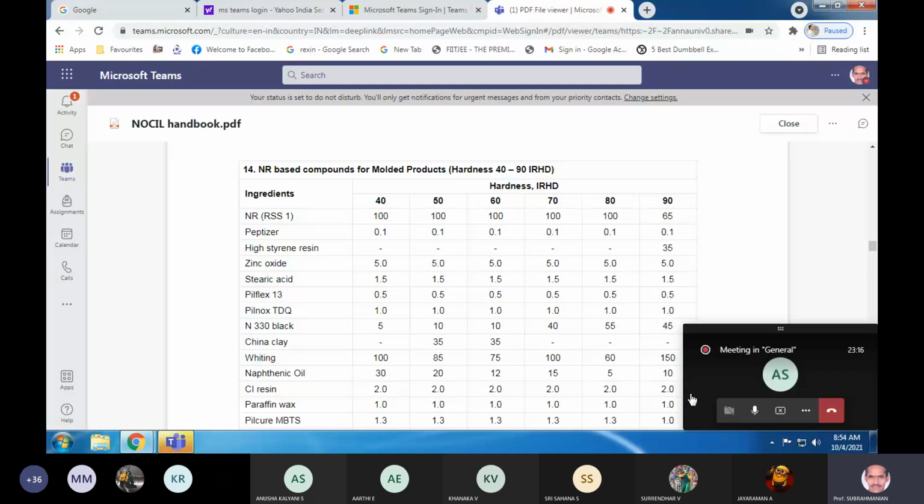Coumarone Indene resin, CA resin. Just 2 parts is good enough. This CA resin does not have any influence on the crosslinking chemistry. All right, 2 parts is perfectly okay. It has only physical influence, no chemical.